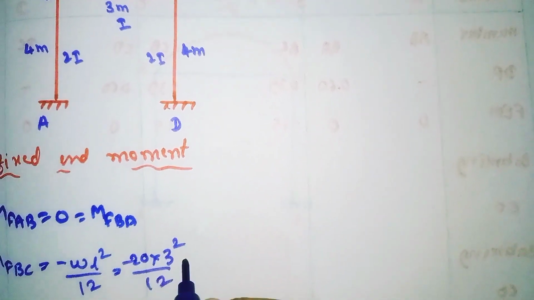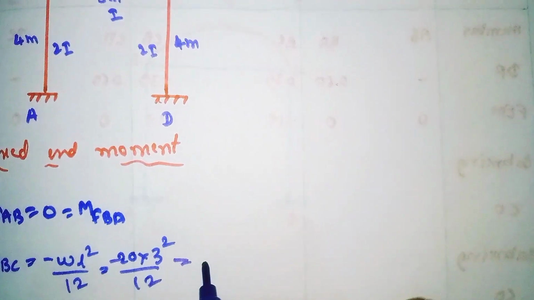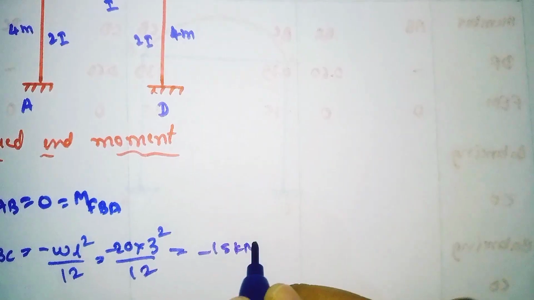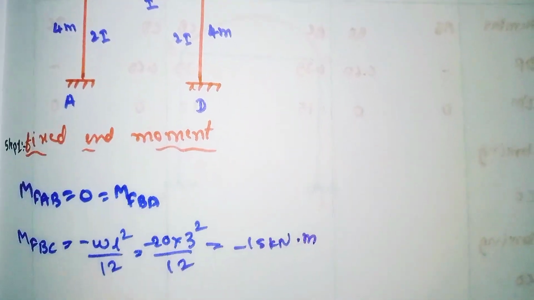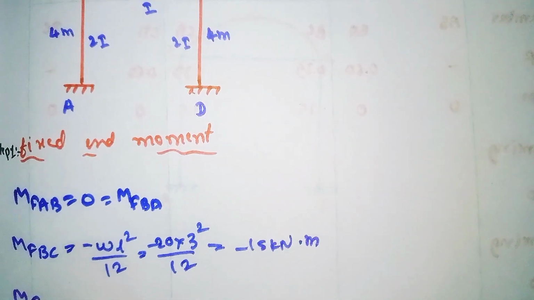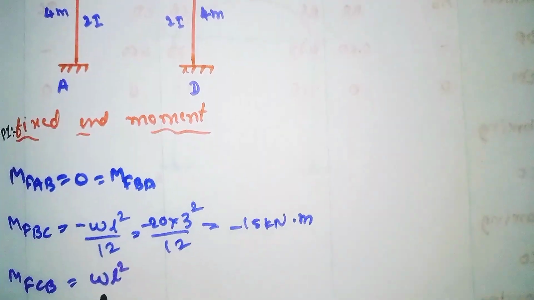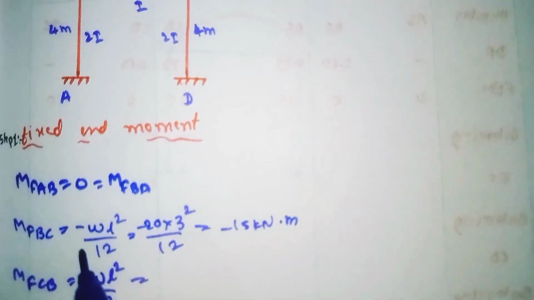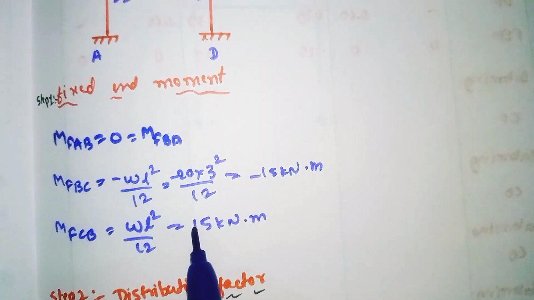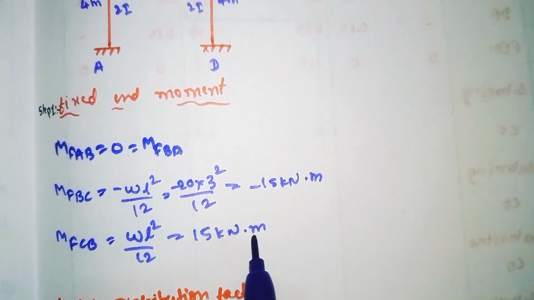By simplifying it will come out as minus 15 kilonewton meter. Similarly, we will calculate for CB. The formula is WL square divided by 12, this is clockwise, so the formula is the same, only the sign will change. It means the answer will come out as 15 kilonewton meter.